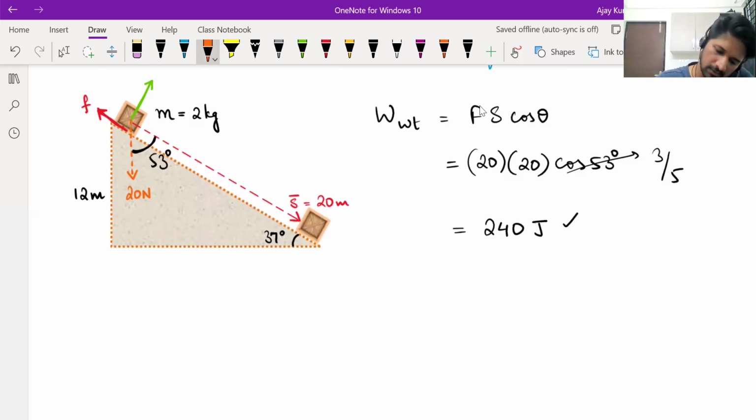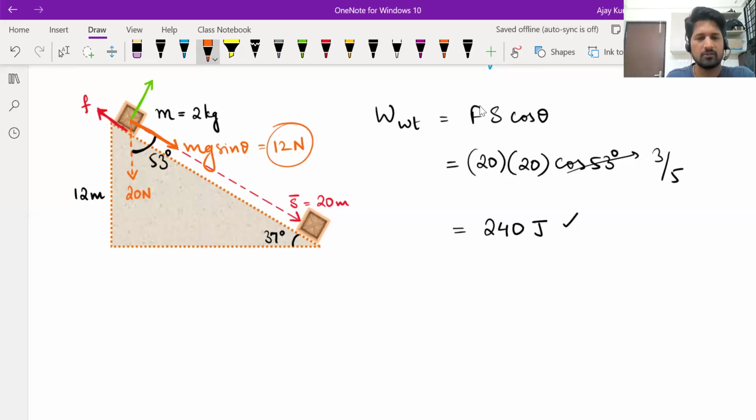Now, one of you tell me, what is the formula for weight component along the incline? Formula first. mg sin theta, sir. mg sin theta. So mg is 20. Sin 37 degrees is 3 by 5. 20 into 3 by 5 becomes 12 newtons.